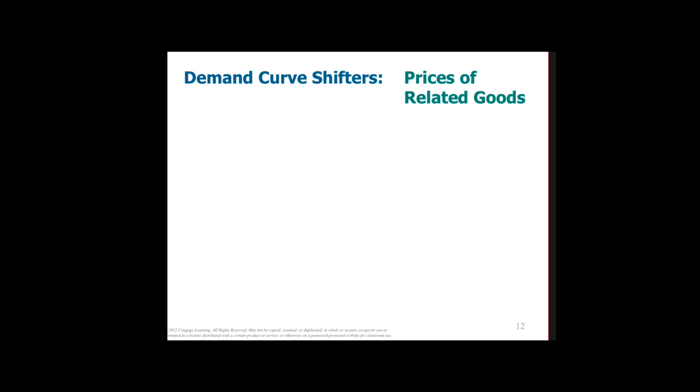And you need to know both of those as specific subcategories of related good, because how demand changes matters, whether it's a change in the price of a complement or a change in the price of a substitute.